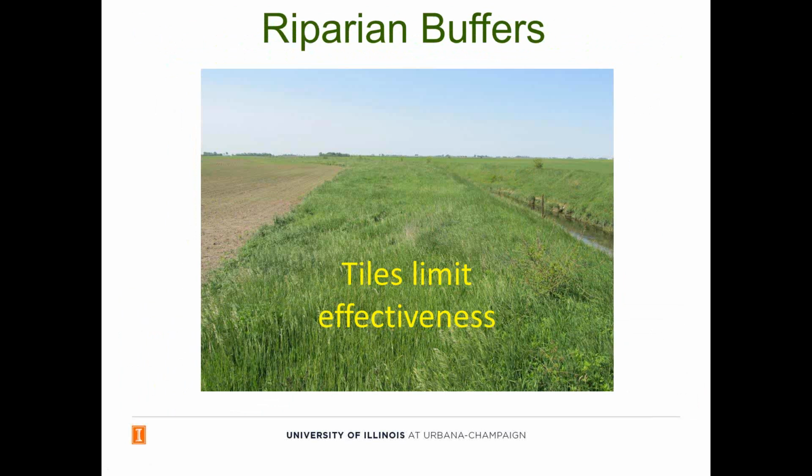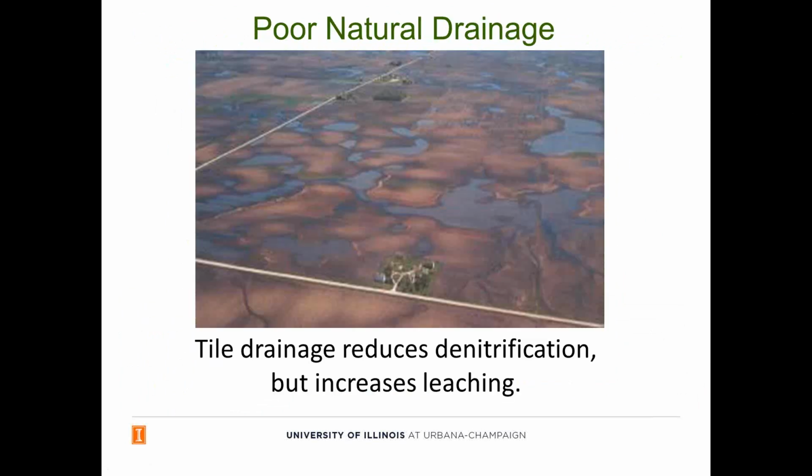And riparian buffers in this area have very limited effectiveness, because the nitrate is in the pipe already, and it is shunted past the roots of these riparian buffers. That's why they're looking at saturated riparian buffers, and there's some promise there.